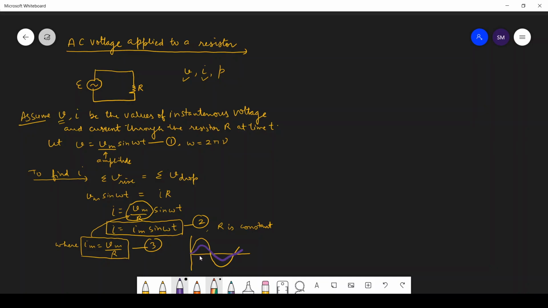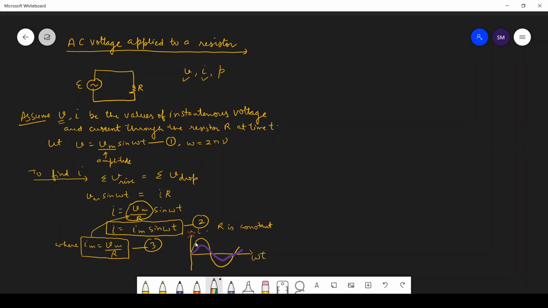You can see here, on the y-axis we have taken V and I, and on the x-axis we have taken omega t.